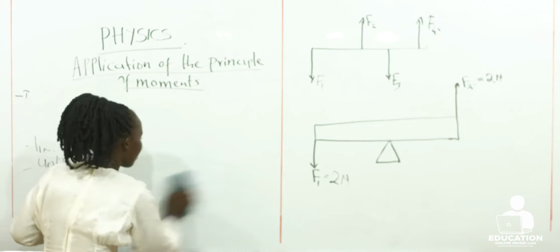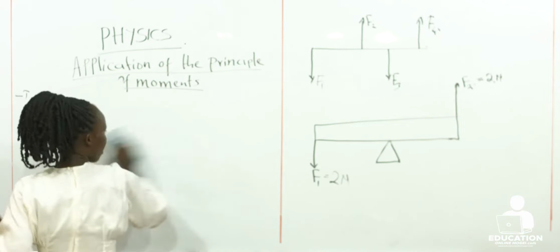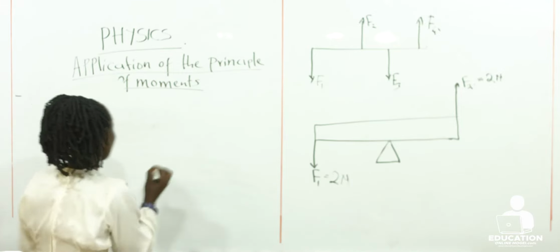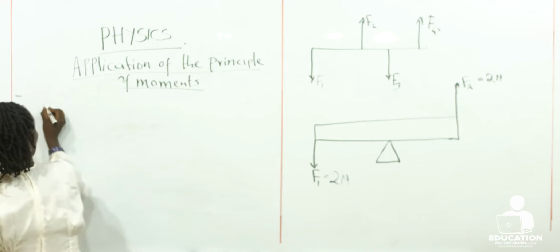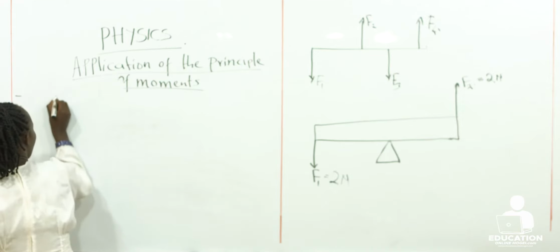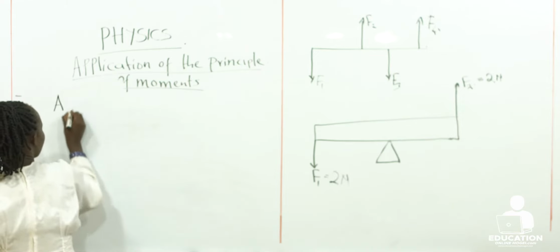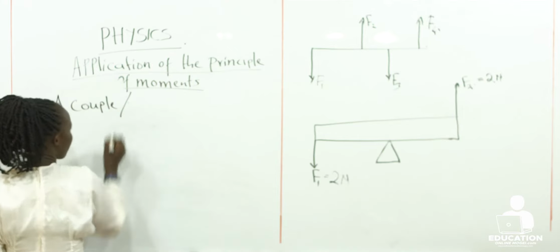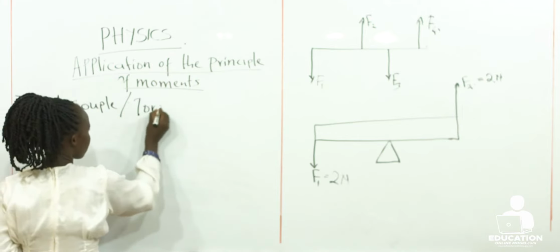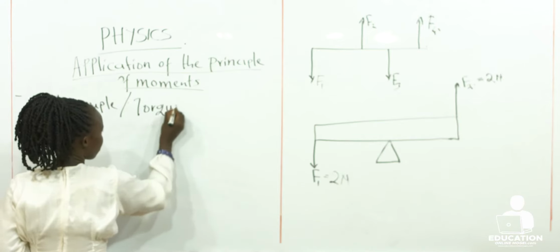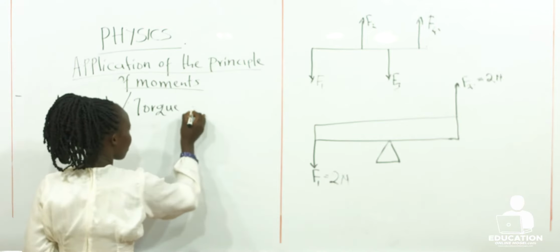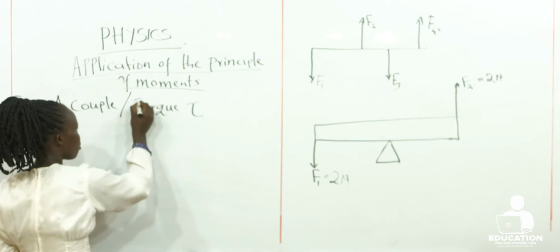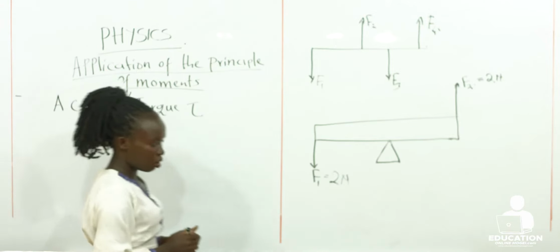So when you balance these two forces and their value is actually the same, it will give rise to what is known as the couple. We can say a couple, or you can call it a torque, which is sometimes written as, we can have it like that. That is the short form of torque.